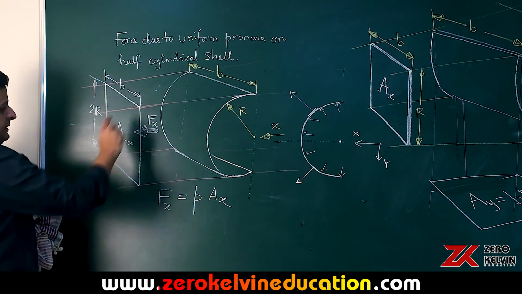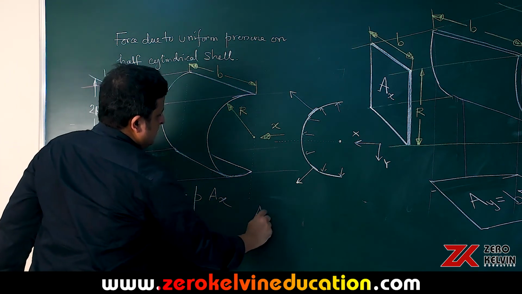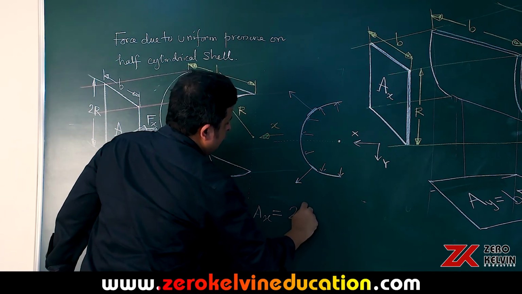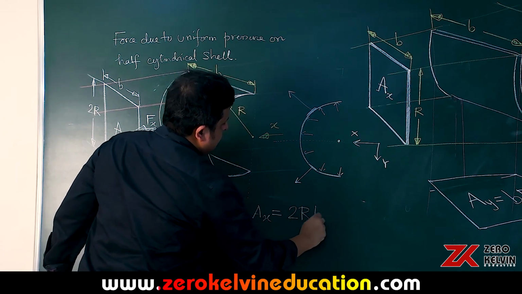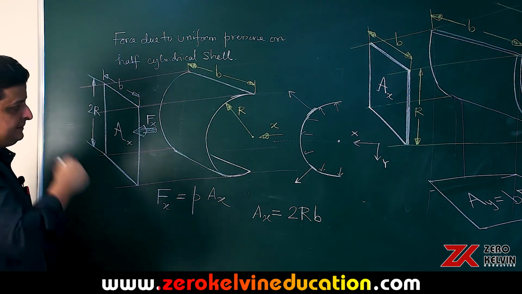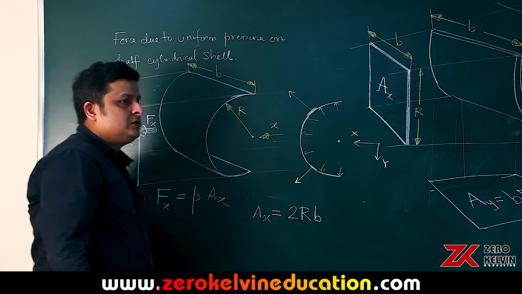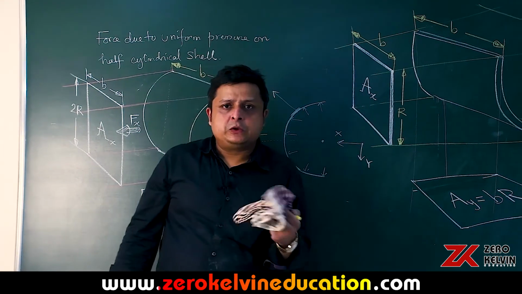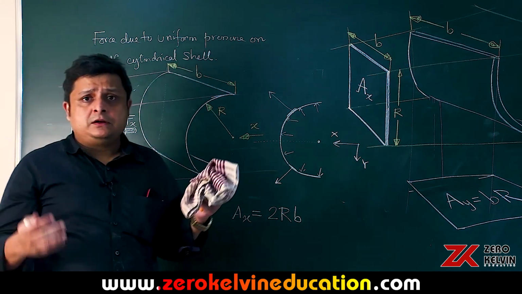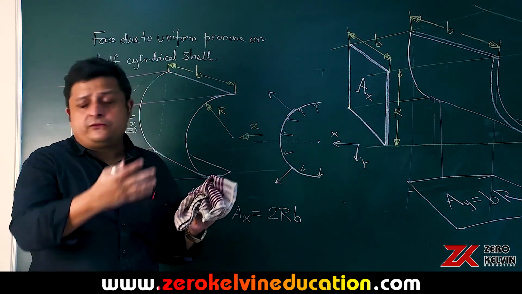And what is Ax? You can see from here. Ax is equal to B multiplied by 2R. So 2RB. That is Ax.